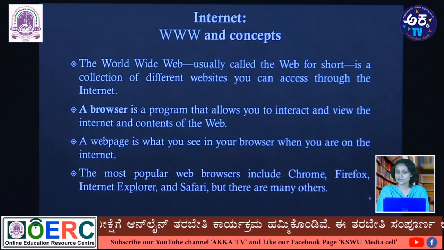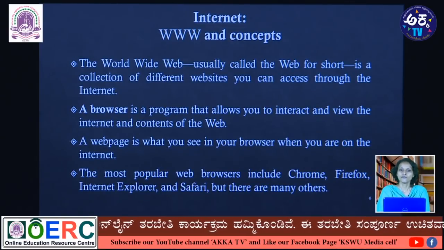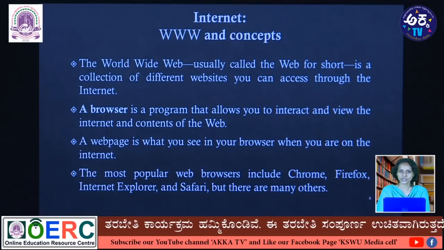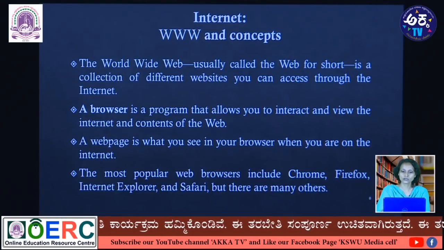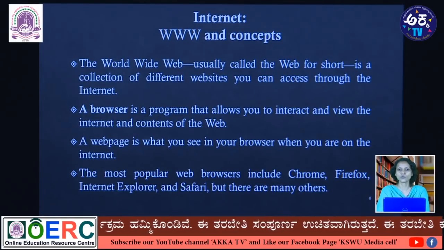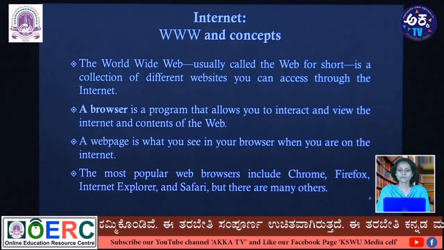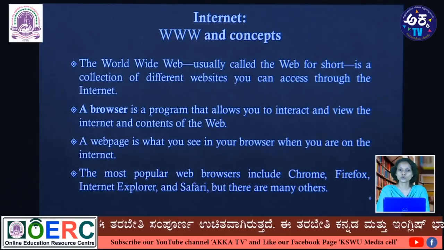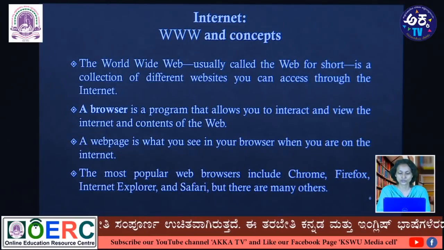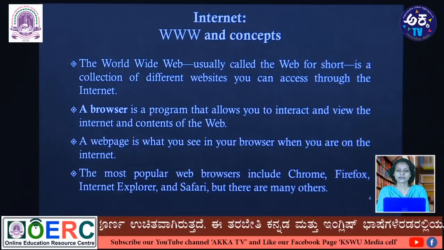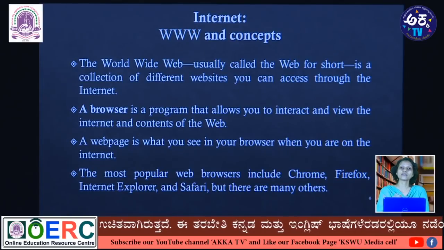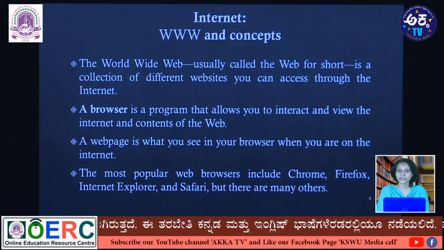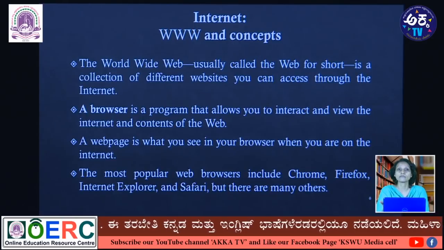Then the question arises, what is a web page? A web page is a page that is displayed on a computer screen when you open the website. There could be many pages, 2 pages, 3 pages, there is no such constraint for the website, and one website can have a link to some other website, or a link to some other web page.